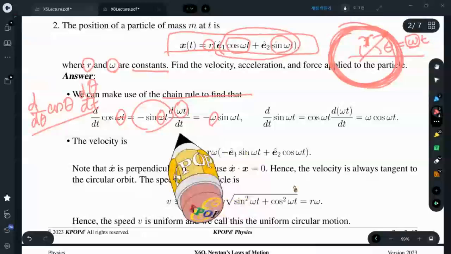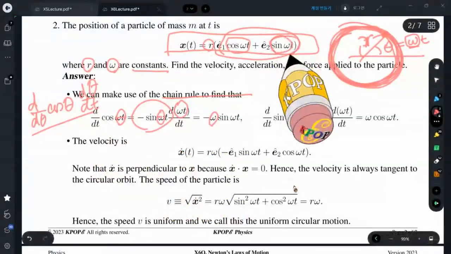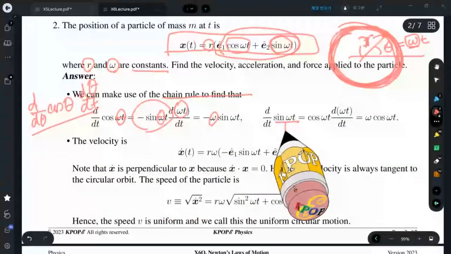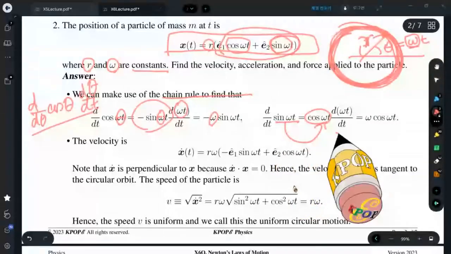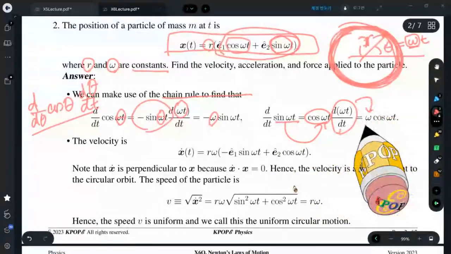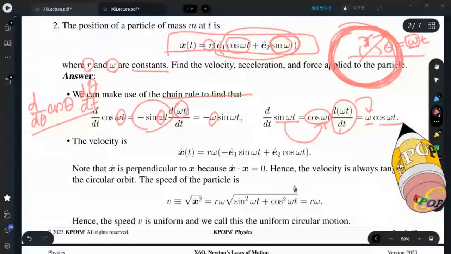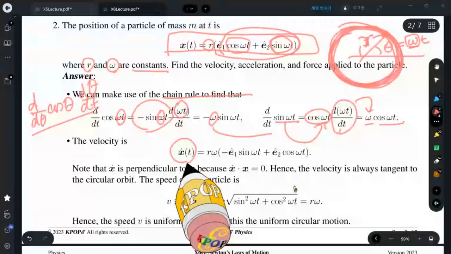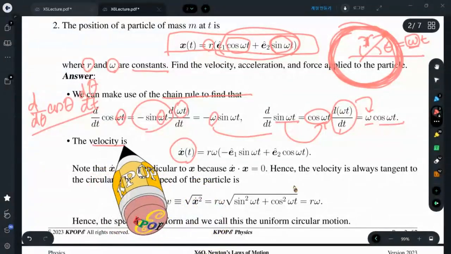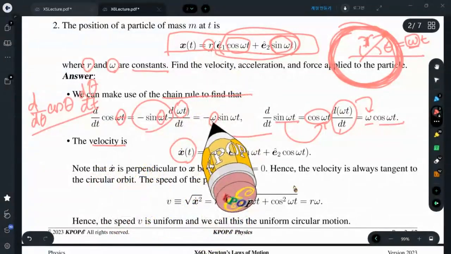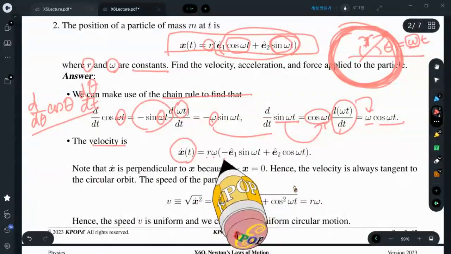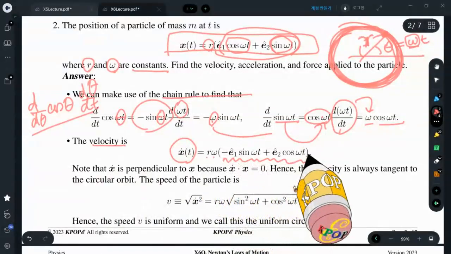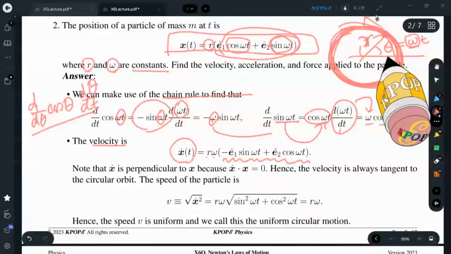So minus sine omega t. What happens to this? This becomes cosine, and this becomes omega. So omega cosine omega t. If I consider this time derivative of position, that is a velocity, it is r times omega and a unit tangent vector.